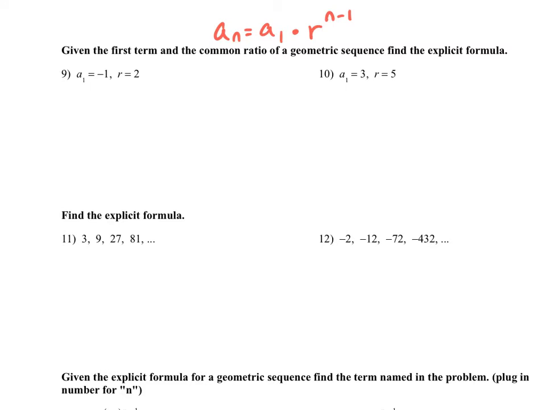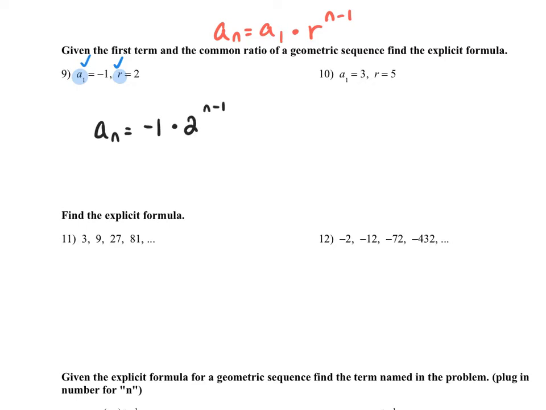Well, just like before, what are the two things we need? a sub 1 and your ratio. Do we have those? Yep. Are we going to have to simplify this? No, just plug it in. So you could say that a sub n is equal to negative 1 times 2 to the n minus 1.